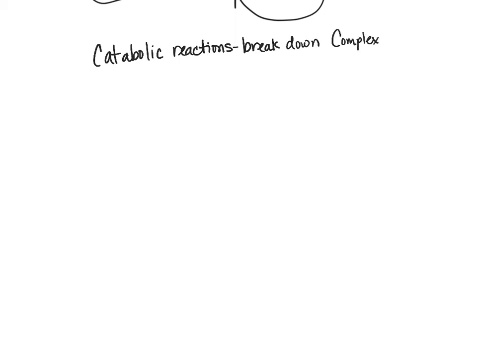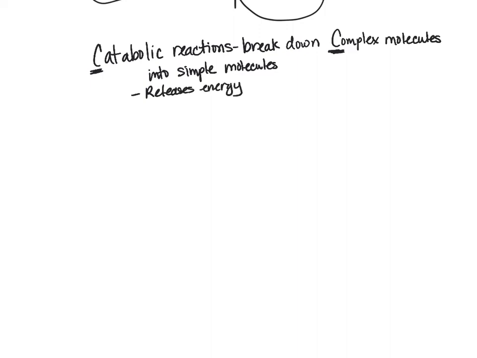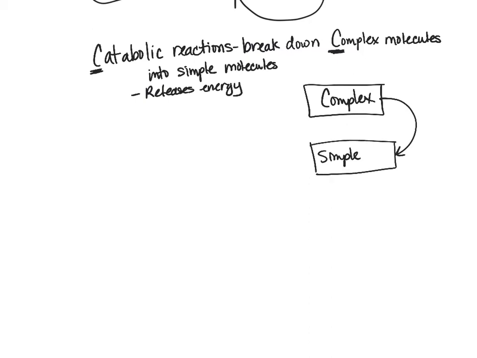I'm capitalizing that to remember that complex starts with a C and catabolic starts with a C. So we break down our complex molecules into simple molecules, and this releases energy. We already saw that if we had our complex molecules up here, and we turn them into simple molecules down here, then we have this release of energy.